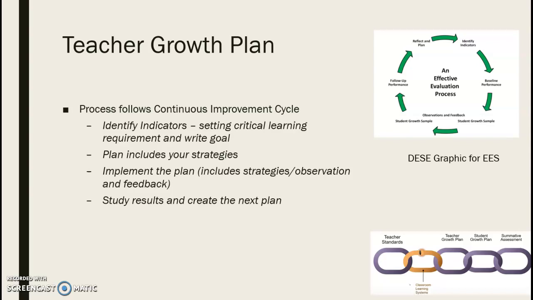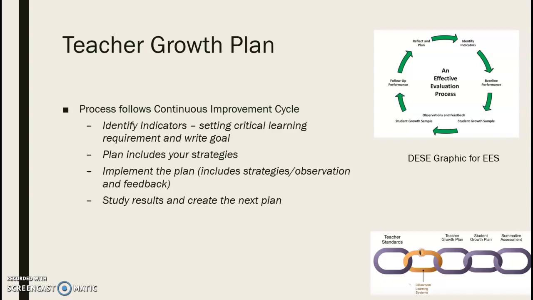Then you are taking your baseline data and creating a plan. You are also looking at student growth, and all the while you're getting feedback and observations to improve your performance. Then that leads to your summative assessment, which then will be reflected on and then create your next plan.